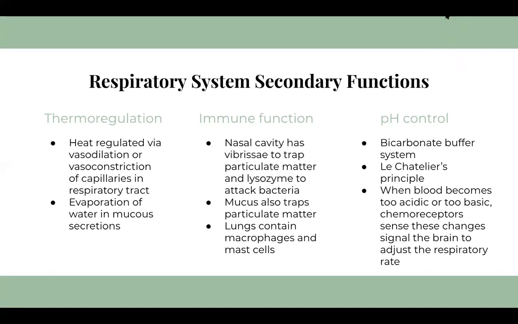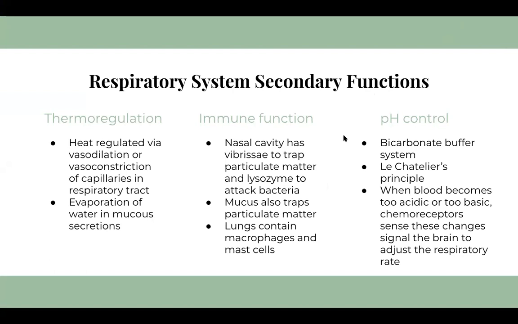Another function of the respiratory system is some immune functions. The nasal cavity, so just your nose, has tiny little hairs called vibrissae. These trap particulate matter that may contain pathogens, and there are also enzymes called lysosomes to attack bacteria before they enter your respiratory tract.